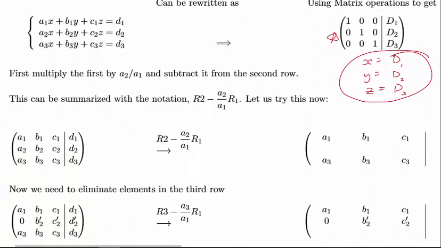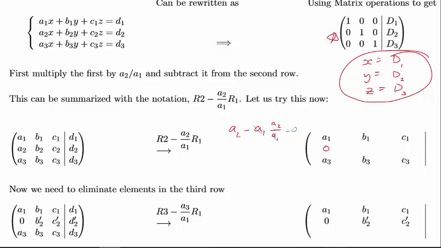Alright, so this is going to become, so first one, right, I'll write it out for you. A2 minus A1 times A2 over A1. And what happens here? A1's cancel, you're left with A2 minus A2, which is 0. And that's what you put in that first term here.